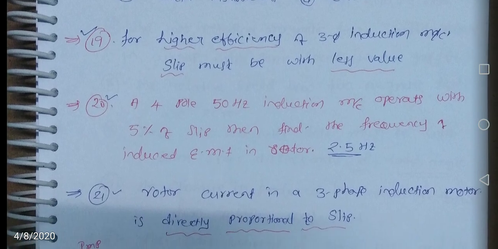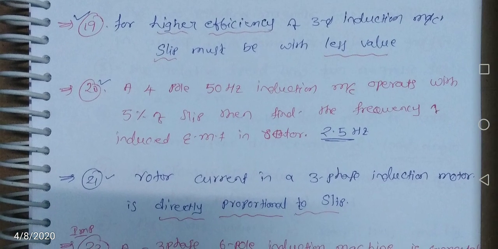A 4-pole 50 Hz induction machine operates with a 5% slip. Then find the frequency of induced EMF in the rotor.